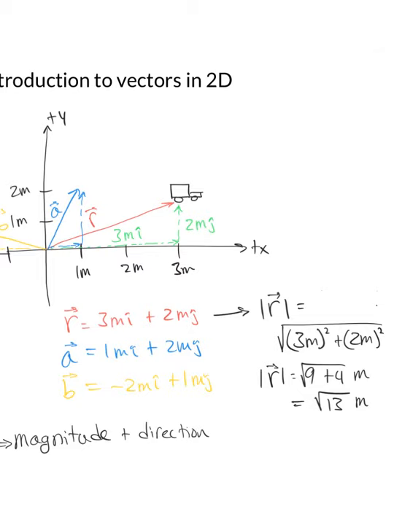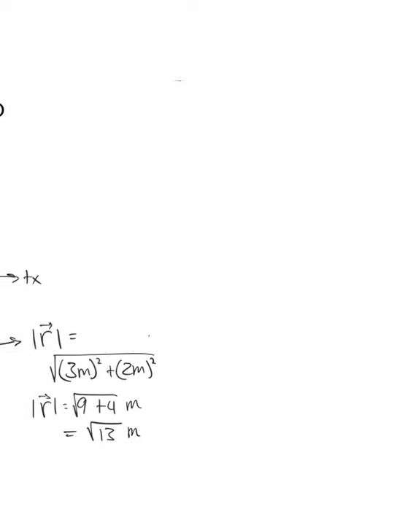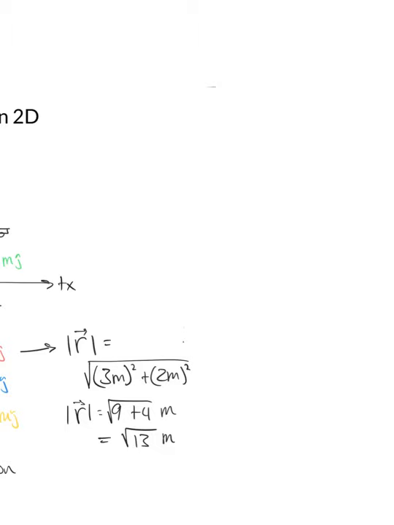Now, if I want to know the direction, I can use trigonometry in order to find the angle that my r vector makes with the x direction. So, for example, I'm just going to redraw my r vector over here. And I'm going to draw just my x direction here. And I'm going to call this angle theta. So I know that my r vector has sides of 3 meters and 2 meters.